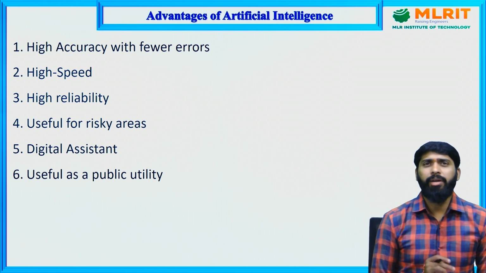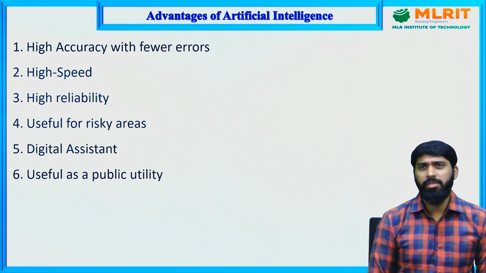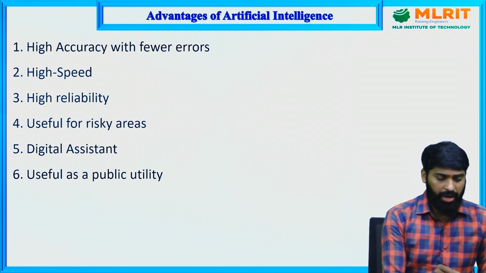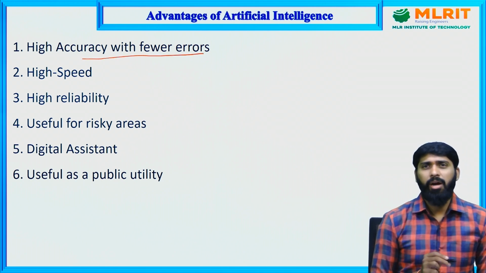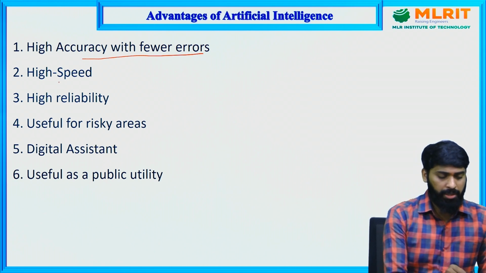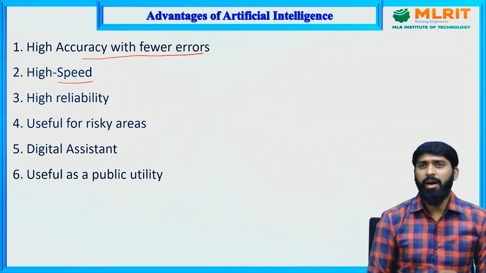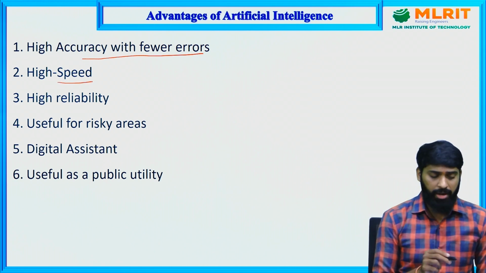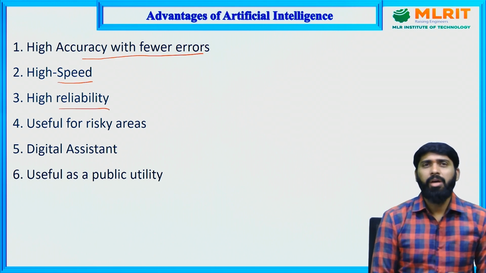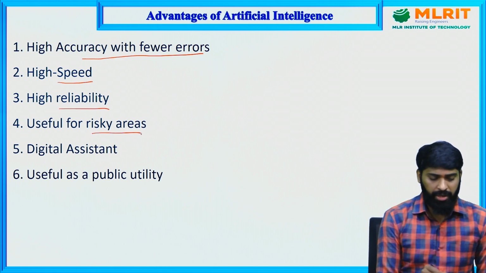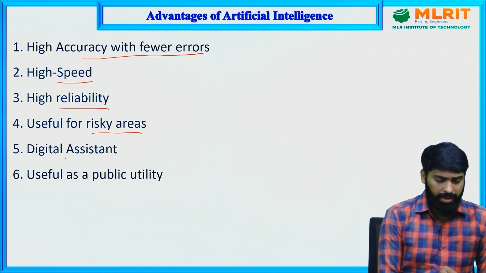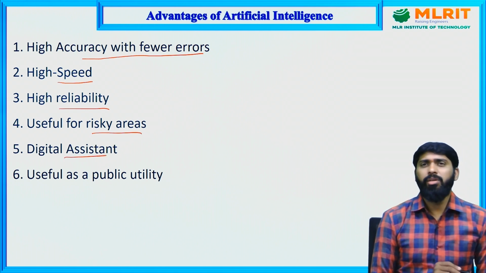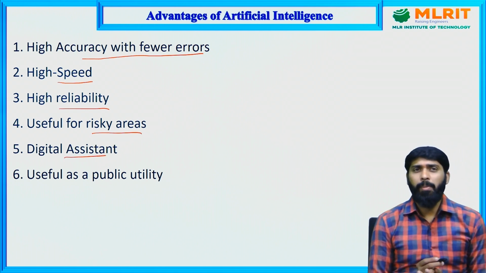So coming to advantages of artificial intelligence. One is high accuracy with fewer errors, and when compared to humans, the speed is very high in artificial intelligence models, and high reliability, and useful for risky areas, and we use these AI models as a digital assistant, and we use AI models as a public utility.